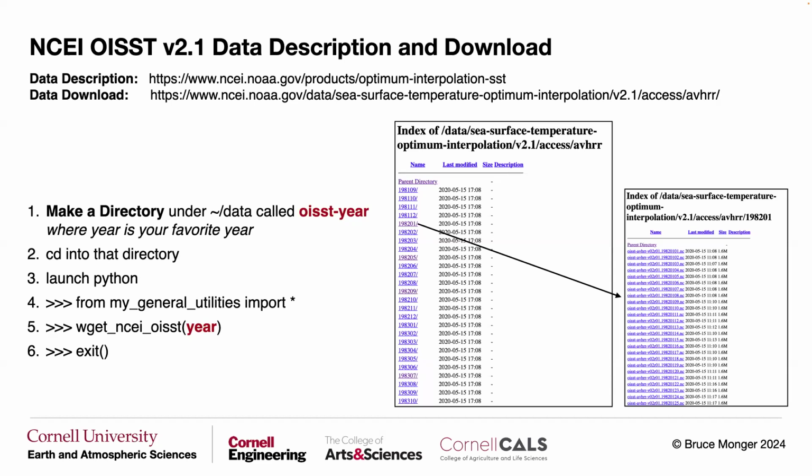But I wrote a small Python script that just loops through and pulls each one of those files over. Tomorrow, you'll open up a terminal window, launch Python, and import this utility file that I created. Then you'll use this little function that I created in that file, called wget NCEI OISST, and you'll give it a year. I want year 2021, and it'll pull all of the days for 2021 into your computer.